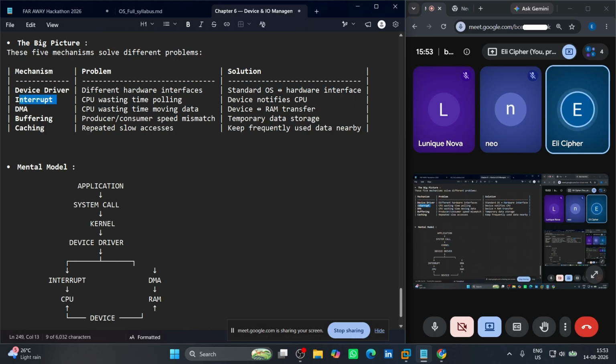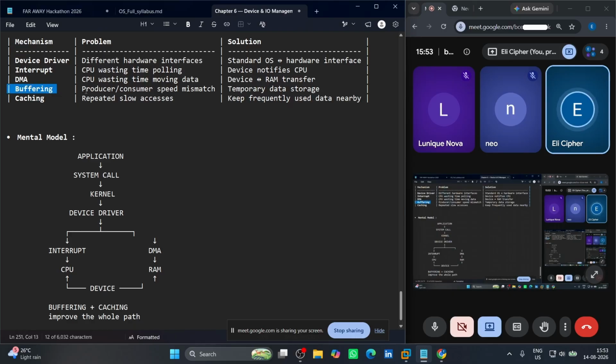Then we have interrupt: the CPU wasting time polling, so the device notifies the CPU. There is DMA, which tackles the problem of the CPU wasting time moving data. It sets up the transfer of data between the device and the RAM, right?